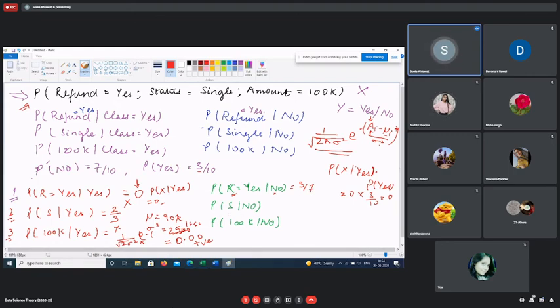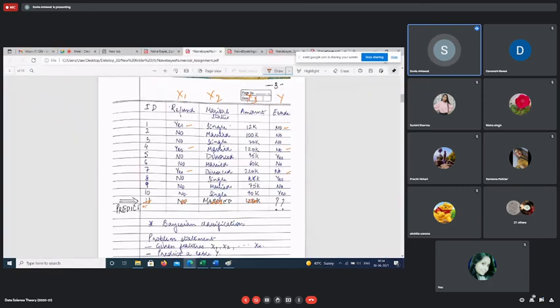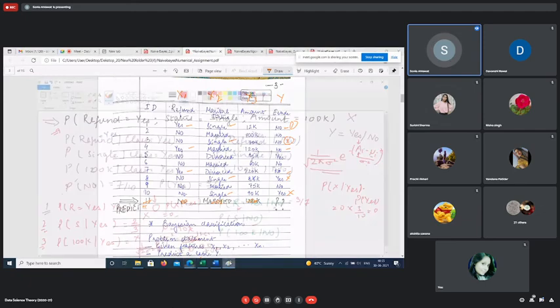When we say marital status has to be single, belonging to class no, let's talk about single, single, single and single belonging to class no. So there is one no, there is second no, there is third yes. This is also 2 by 7. Right? So we are saying it is coming out to be 2 by 7.